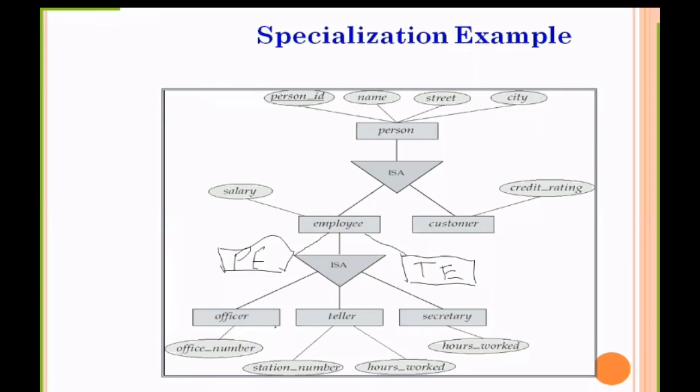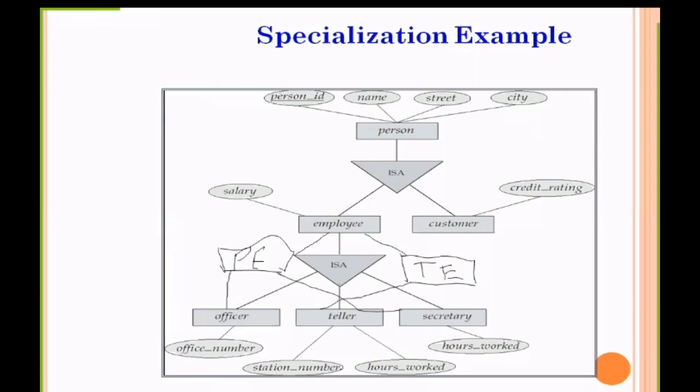Suppose we are making officer a permanent employee and secretary a permanent employee, but we are making teller a temporary employee. In this way we can do it. So teller will be the special form of the temporary employee.